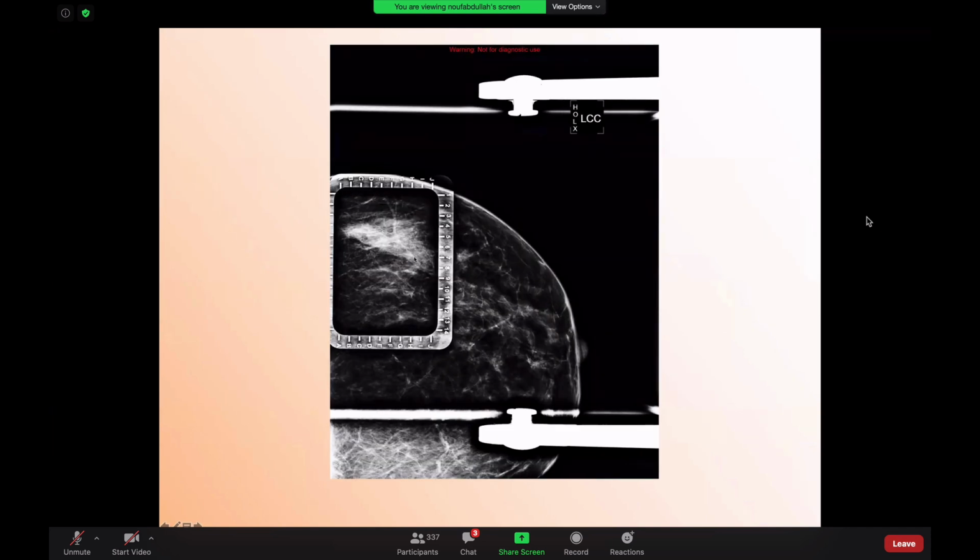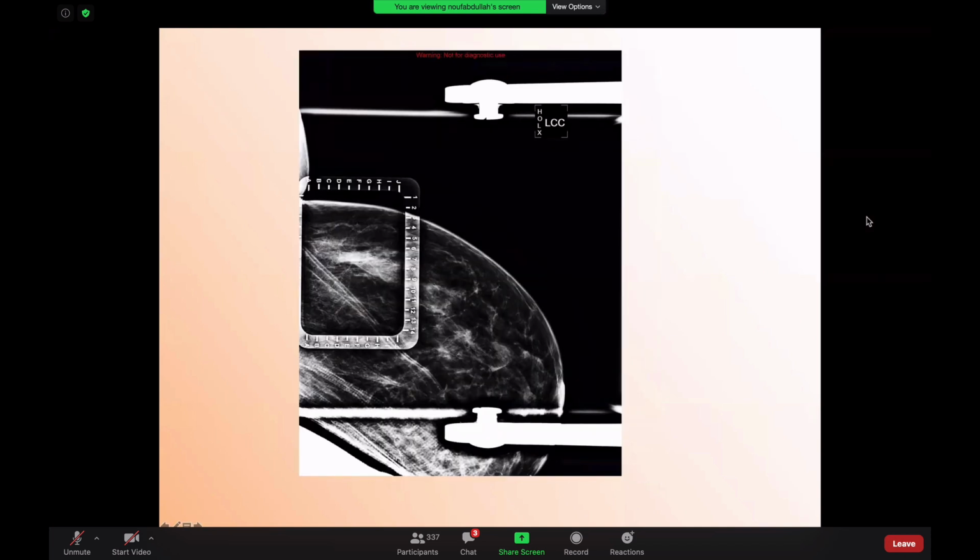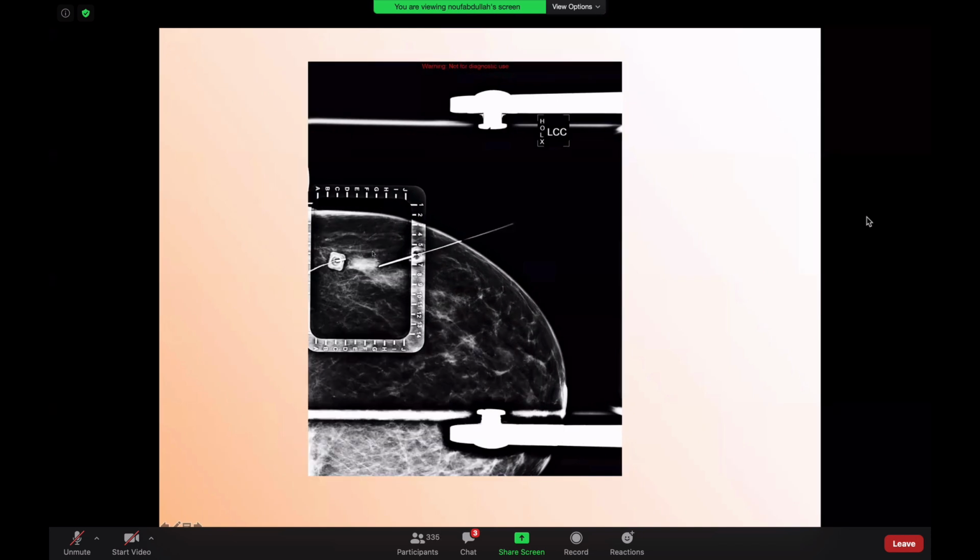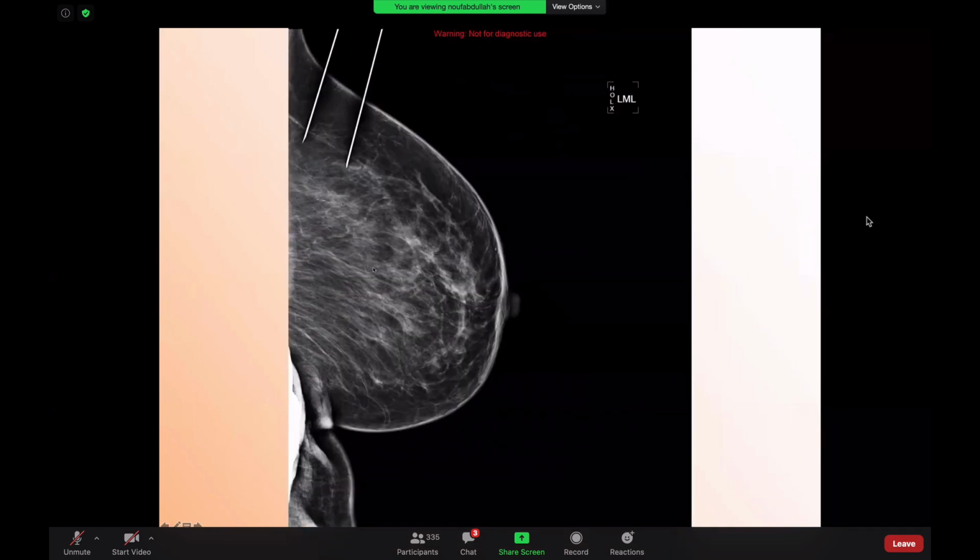I will do this image. I localize the microcalcification here. It is located here. So I'm going to put my needle at the intersection of 7 and G, as you can see here. And then I will continue. Now I can see this is the needle.